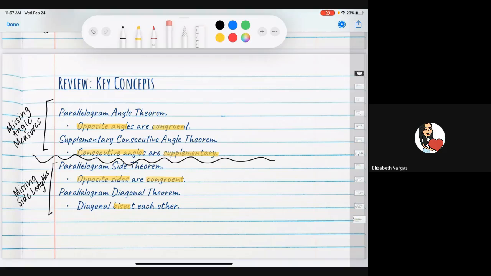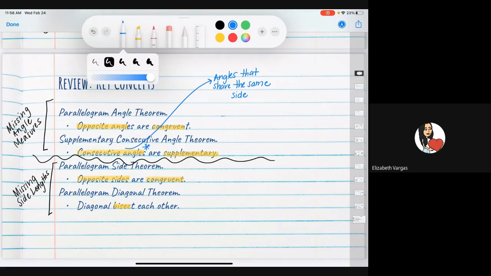I think the only new one that we're looking at today would be consecutive angles. And once again, just for clarification, consecutive angles are angles that share the same side.